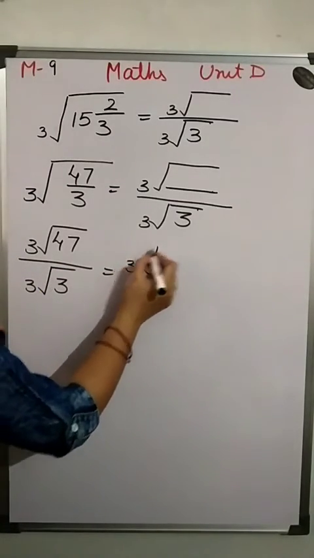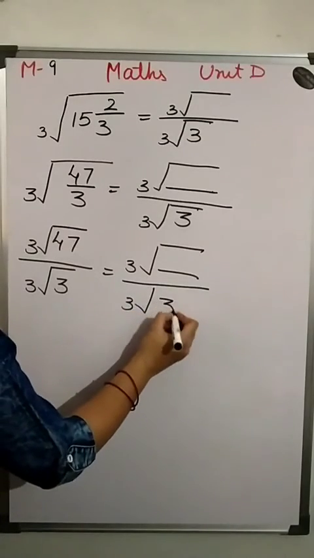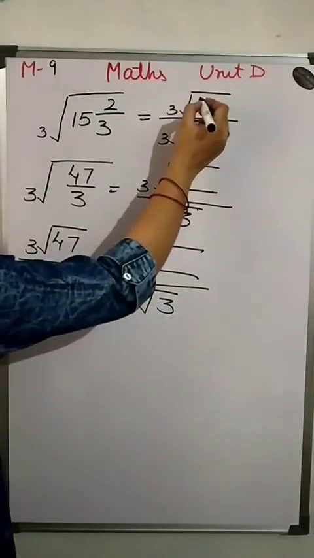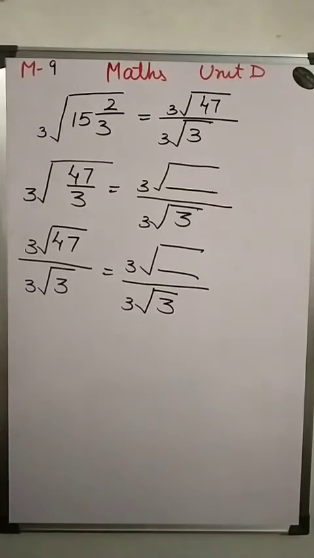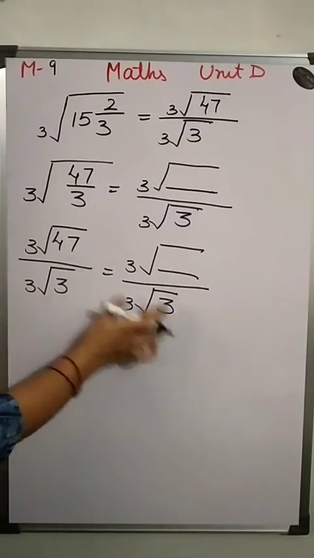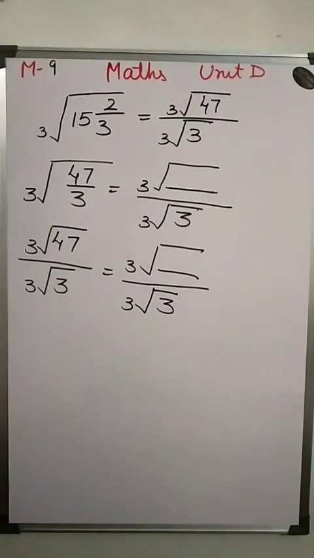Now we compare the numbers. Because the denominators are the same, we can compare these two numbers. So the answer is cube root of 47.